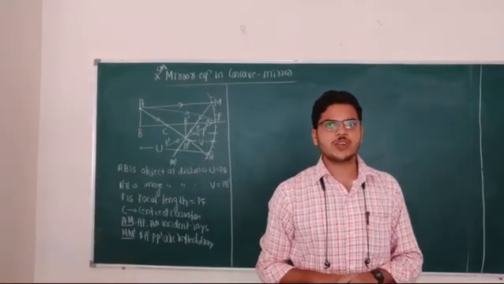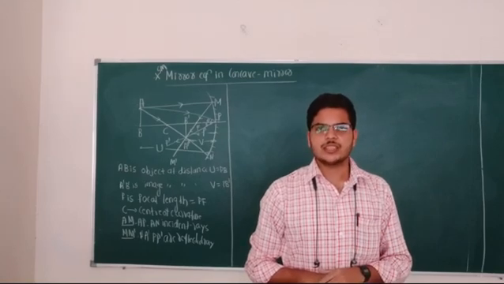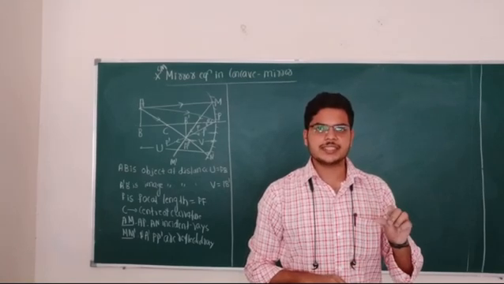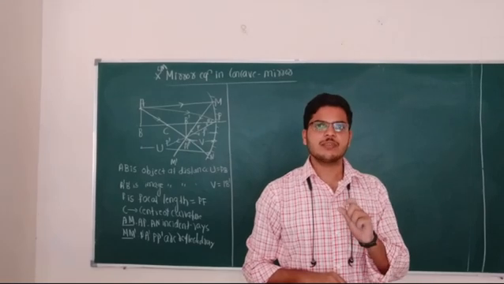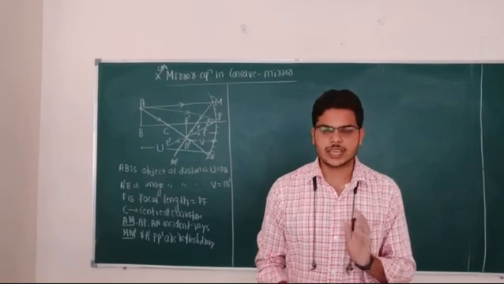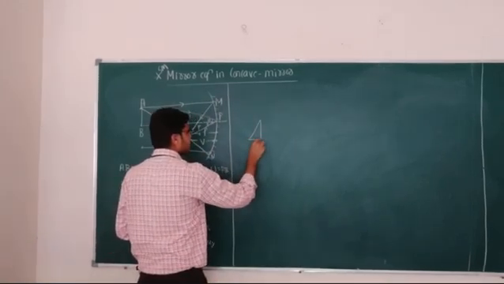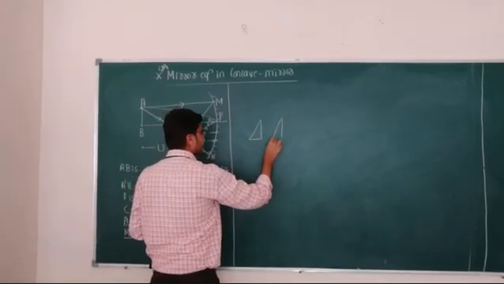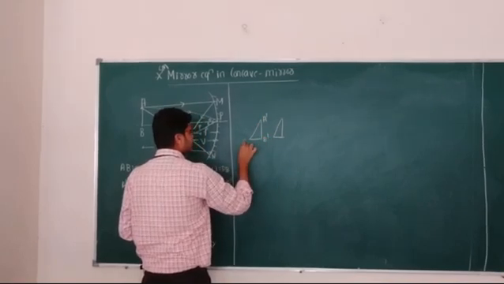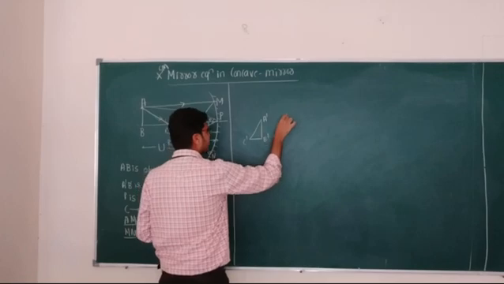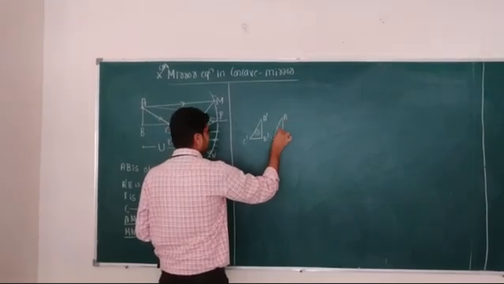Here we are using one geometry concept. That concept is that the ratio of the heights of similar triangles is equal to the ratio of the bases of the similar triangles. For example, take this as the first triangle and this as the second triangle. First triangle A'B'C', second triangle ABC.